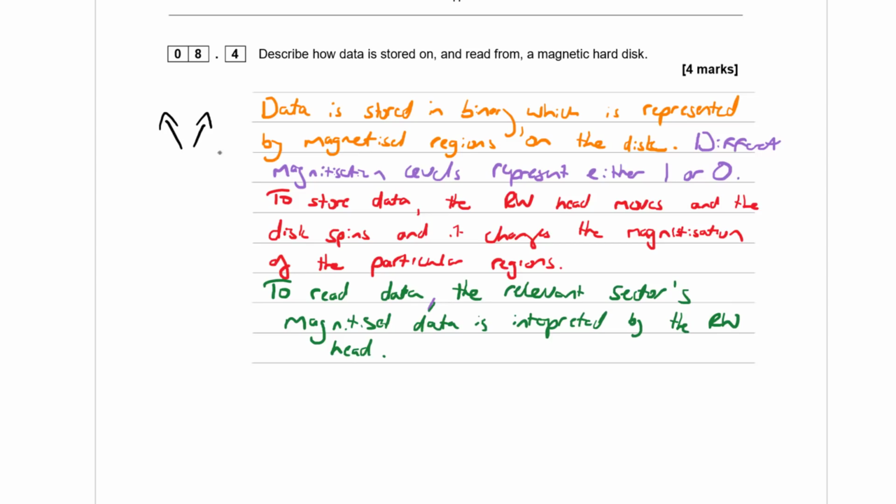I'm not sure exactly how it's done, but basically the read-write head shuffles back and forth to line up with the correct track, and a little bit of a track is what's known as a sector. And so to read it, it will navigate by spinning the disk as well to get to the correct sector and analyze what each magnetized region represents.